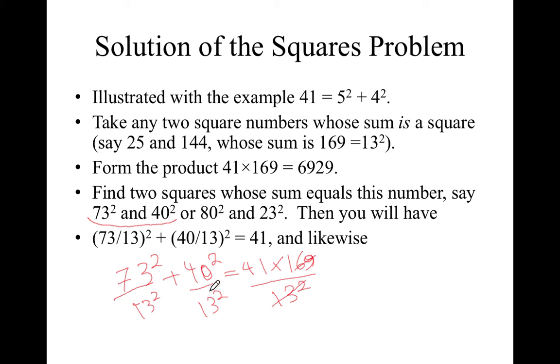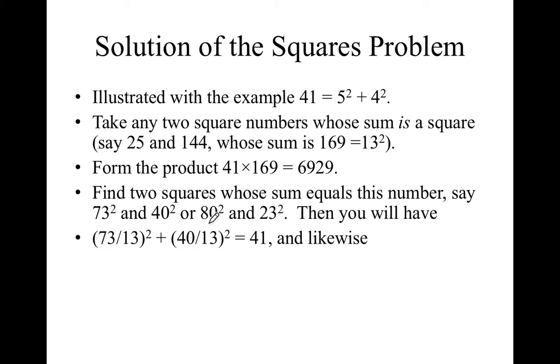Then this quotient rule for the exponent results in this equation, which tells us 41 is written as a sum of two squares. Of course, we're talking about square numbers, and in this book, numbers mean rational numbers. What rational numbers? Well, 73 divided by 13 squared. This is the first square, and the second one is 40 divided by 13 squared.